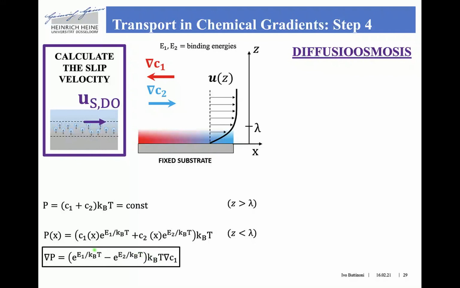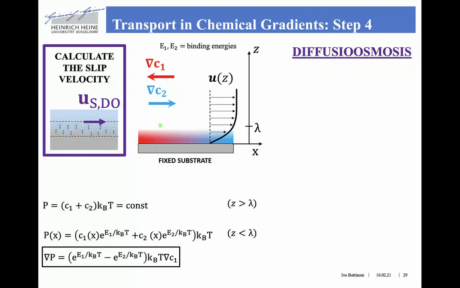This gradient of osmotic pressure always follows the gradient of concentration of the favorite solute, since this prefactor is positive if the binding energy of 1 is larger than the binding energy of 2, and is negative the other way around. So in other words, the gradient of osmotic pressure follows the gradient of C1 if the surface prefers 1, and the gradient of C2 if the surface prefers 2.